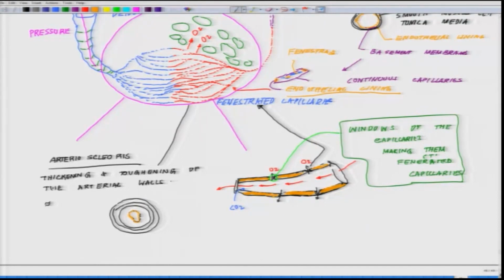Now on top of the endothelial lining you have depositions.